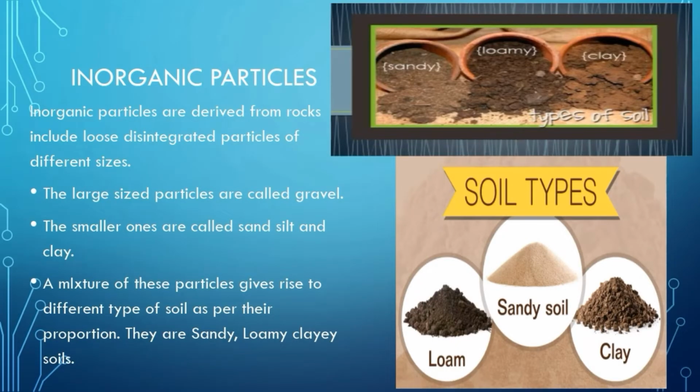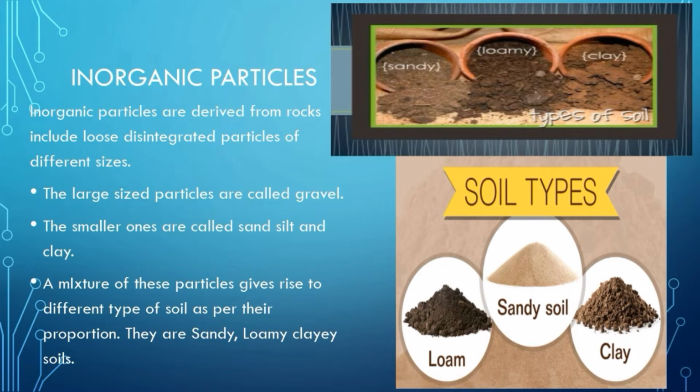Now let's have a look at inorganic particles. Inorganic particles are derived from rocks and include loose disintegrated particles of different sizes. The large size particles are called gravel. The smaller ones are called sand, silt and clay.